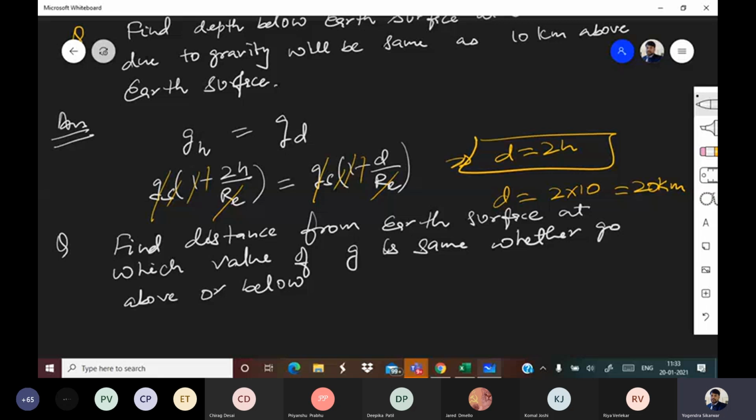So at what distance from Earth's surface? You need to tell me the distance at which, whether you are above Earth's surface or below Earth's surface, the value of g at both places will be the same. Solve and give me the answer.